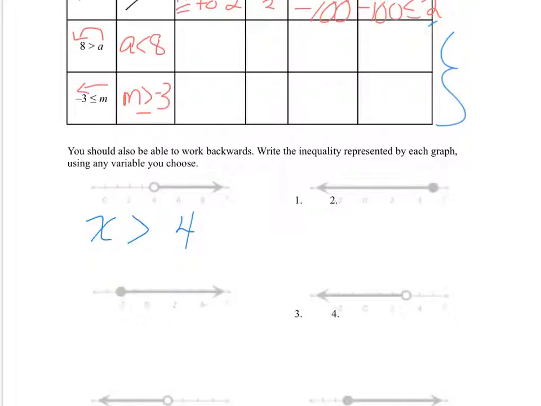Okay, so number 2, you have an X here, so it's telling you what letter to use. So you have an X. It's at 5. It's going to the left, which are numbers less than it.